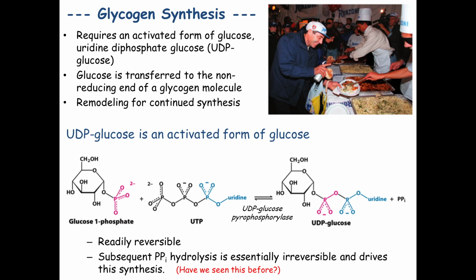I lost both black phosphates, right? The ones colored in this picture. So the red phosphate on the glucose is still there, and the blue phosphate on the uridine is still there, the alpha phosphate, but the latter two, the beta and gamma phosphates, are lost as pyrophosphate. Where have we seen something like this before?